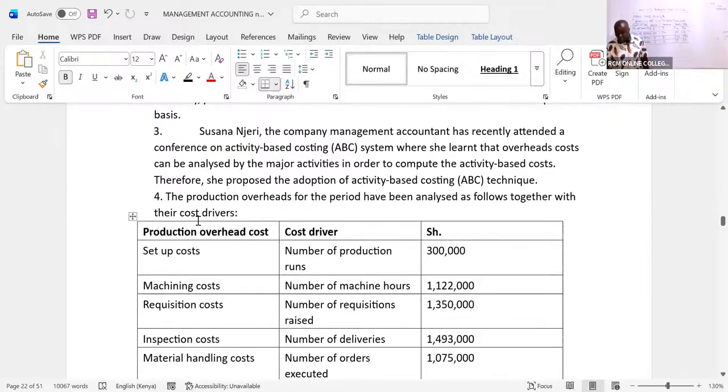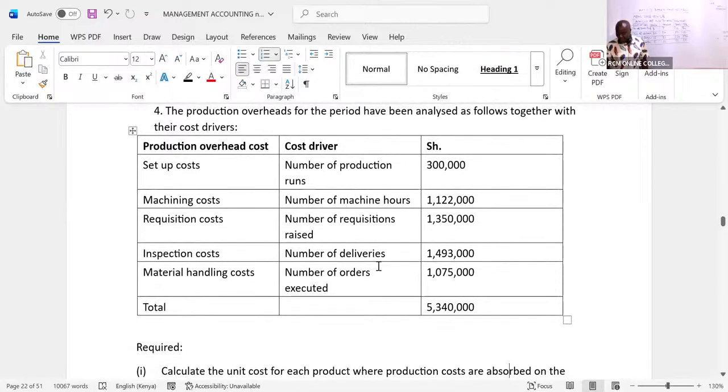If you go after note number 4, you'll be able to see the cost drivers there. We have number of production runs that I have, and number of machine hours that I don't have. Any other? It's only machine hours we shall be able to introduce onto our table.